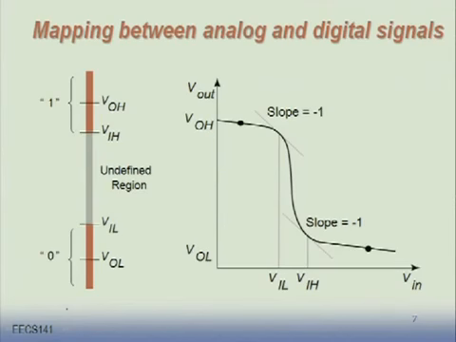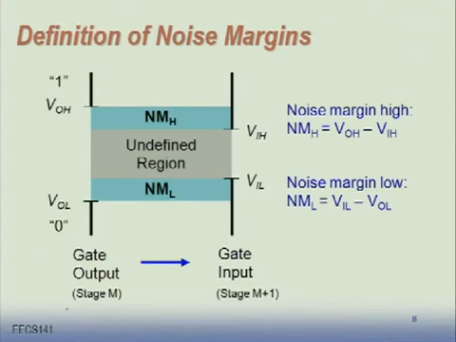Noise margin is essentially a difference between output high, this nominal level that comes out of here, and how much we can tolerate down to that point. So if you look at that, we're talking about two different noise margins at this moment.